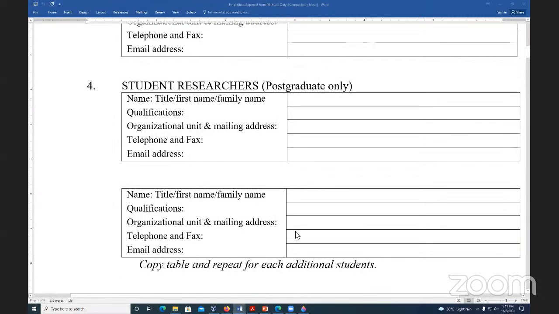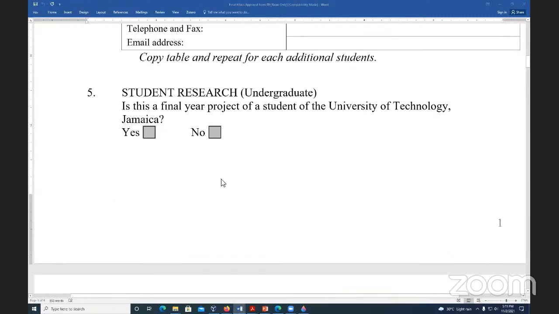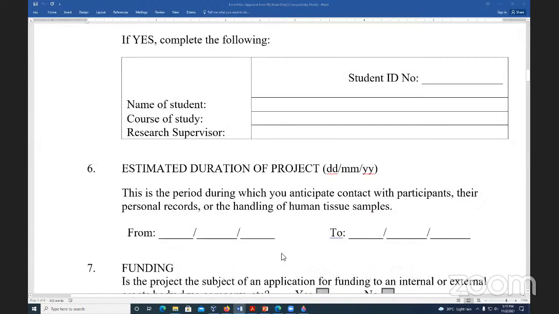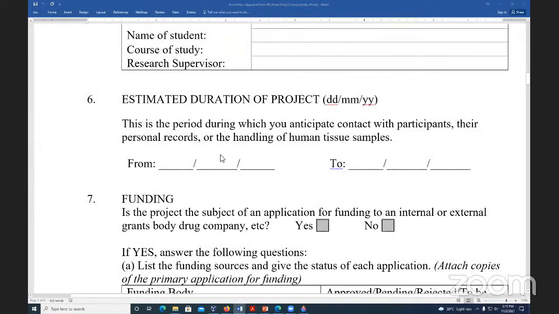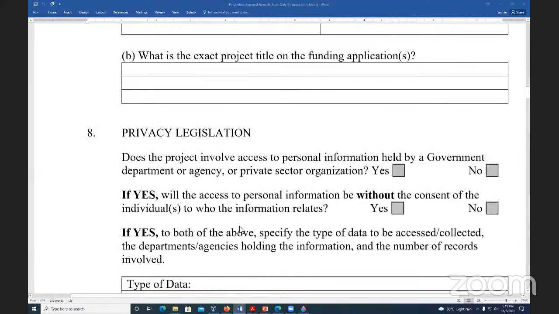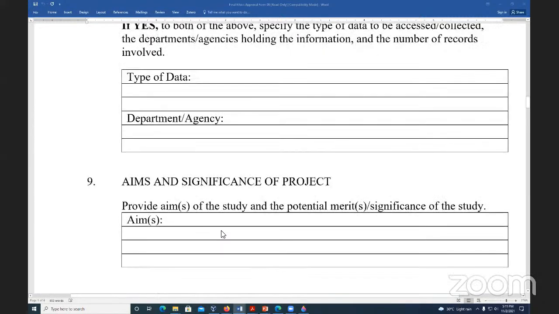And this is for if there are other people who are postgraduate, which you are not. If it's undergraduate, you'd say yes, which you all are, and it would be all the names of the students, the estimated duration of the project, and if it has funding, which usually it wouldn't. Normally there are usually no privacy laws in the case of the projects we're doing, but if there were, you would have to put it in.